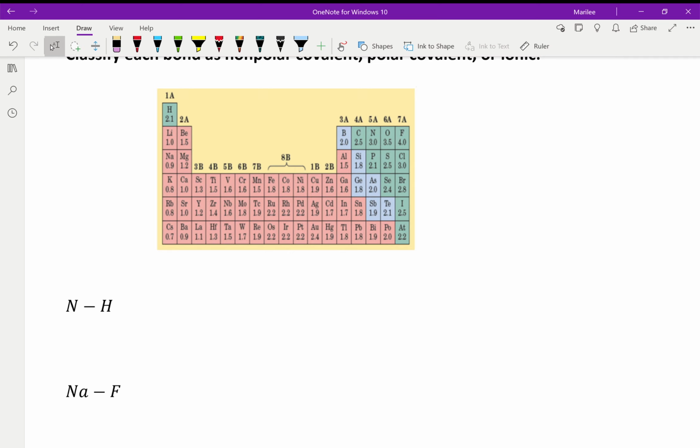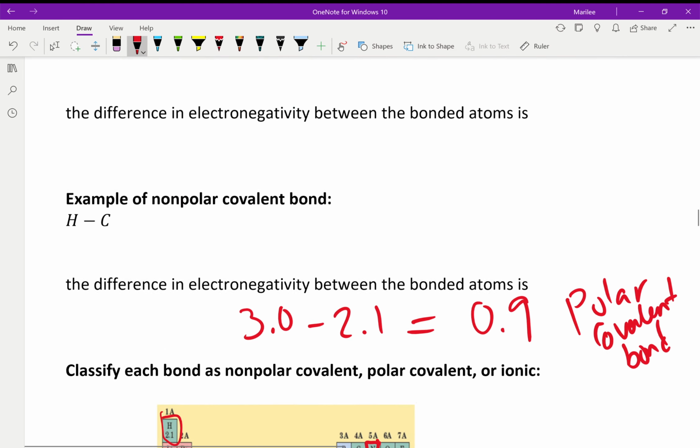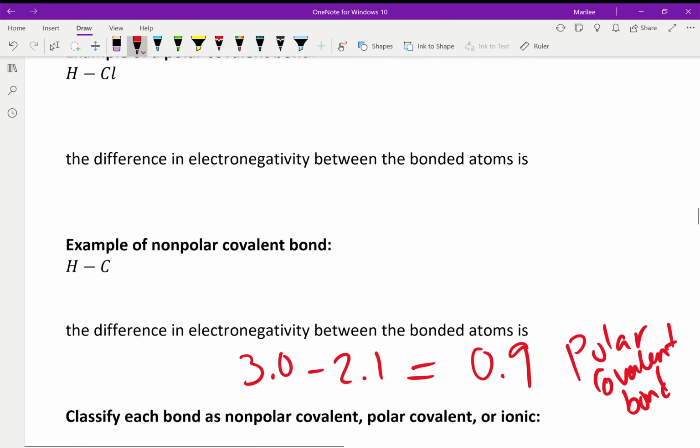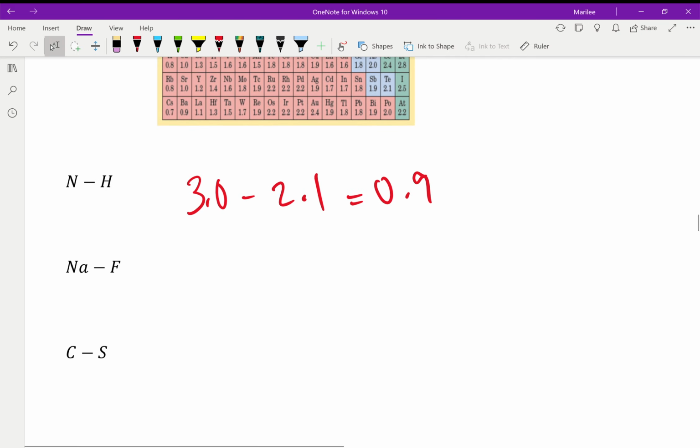Nitrogen electronegativity is 3.0 and hydrogen is 2.1. So we'll do 3.0 minus 2.1. That is equal to 0.9. What does that mean? 0.9 is between 0.5 and 1.9, therefore it's a polar covalent. So this is polar covalent.